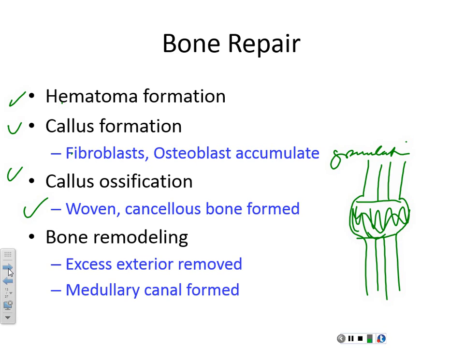And then what do we do? We use the osteoclasts to re-establish the medullary cavity. Okay, that's part of the remodeling. And then we shave off some of this external matrix that we were using to protect the site of injury, right? And then, not all of it is quite shaved off, because that's why whenever you get injured, you form like a scar tissue or like a little bump on the bone.